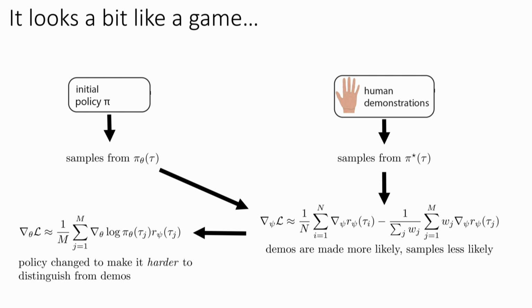So the policy says, you're going to try to distinguish me from the expert by seeing if my reward is low, well, I'll just make my reward higher, and then you won't be able to tell the difference. And of course, once this whole thing converges, you actually can't tell the difference. The whole point is for the policy pi to look indistinguishable from the expert. So in some sense, it's a game where they're competing, where the only way for them to be at an equilibrium is to actually solve the inverse RL problem.